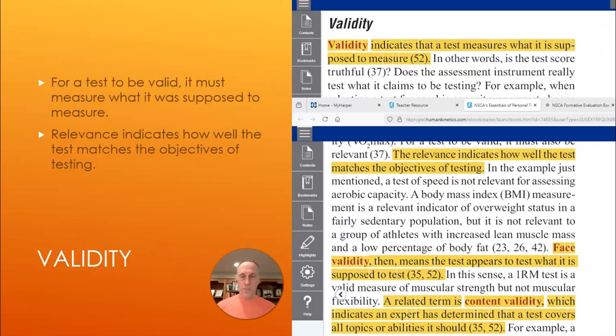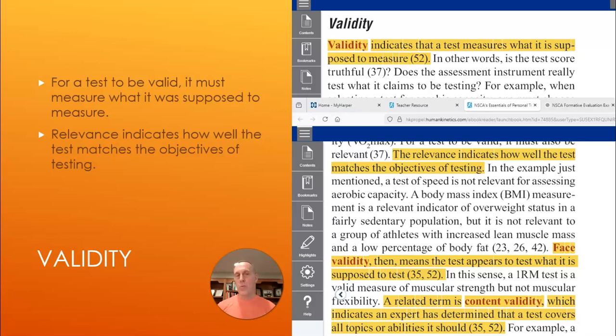Then we get into validity. In simple terms, it measures what it's supposed to measure. The way I would describe this is, you might be able to draw a correlation, a relationship, between a person's leg press strength and their one rep max on bench press. But those two things are generally considered mutually exclusive. One of them is a lower body exercise, the other is an upper body exercise.